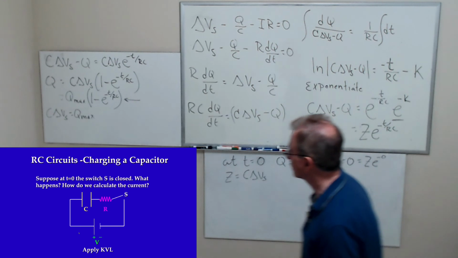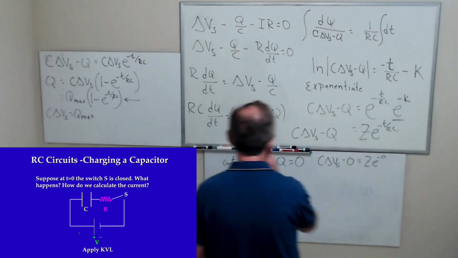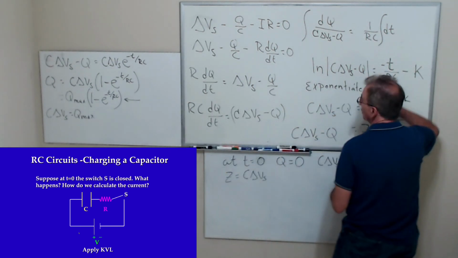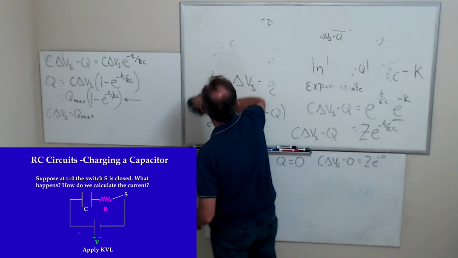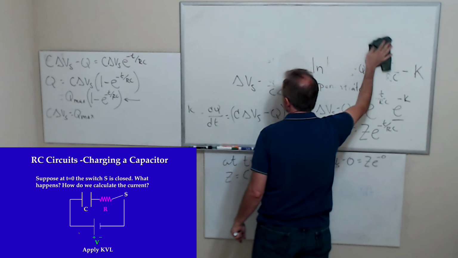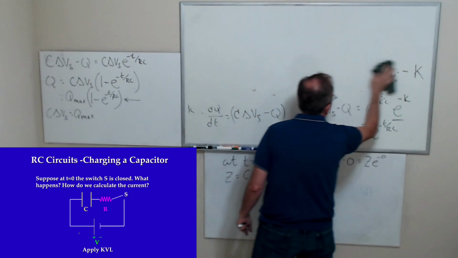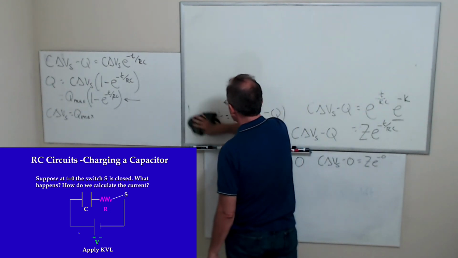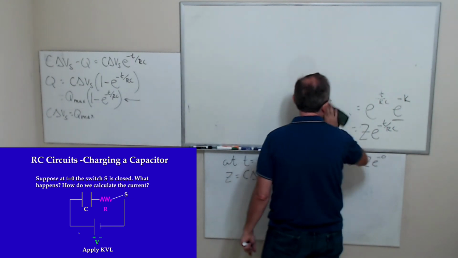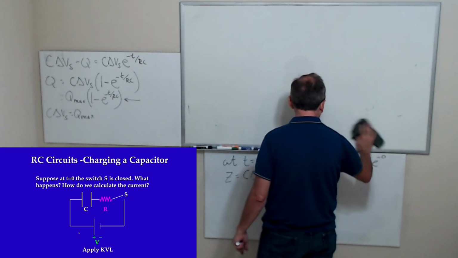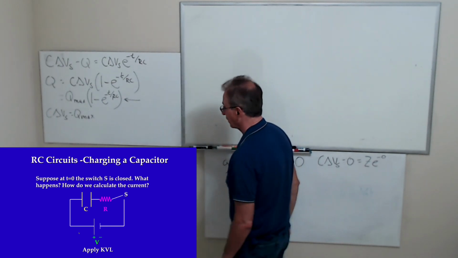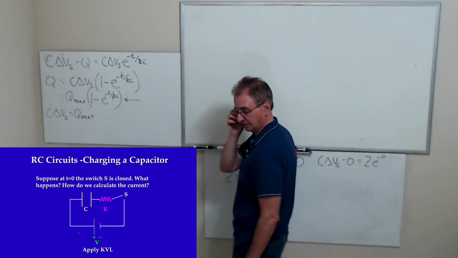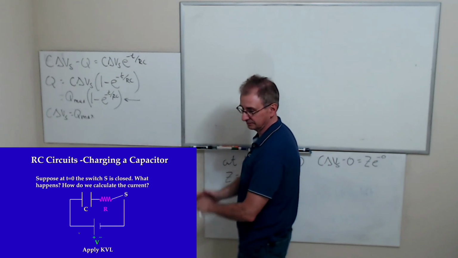Now, what are the units of R times C? What do you think? Anytime you have something in an exponent, what must be the dimensions of the exponent? Some time?